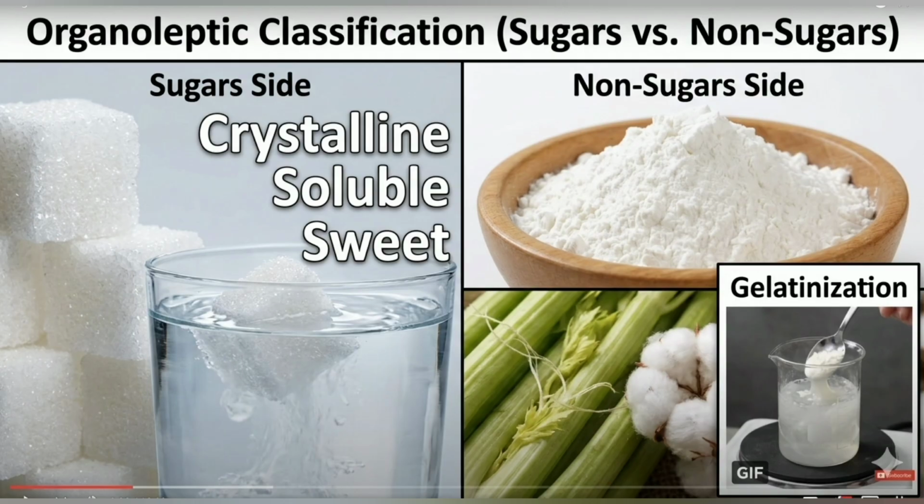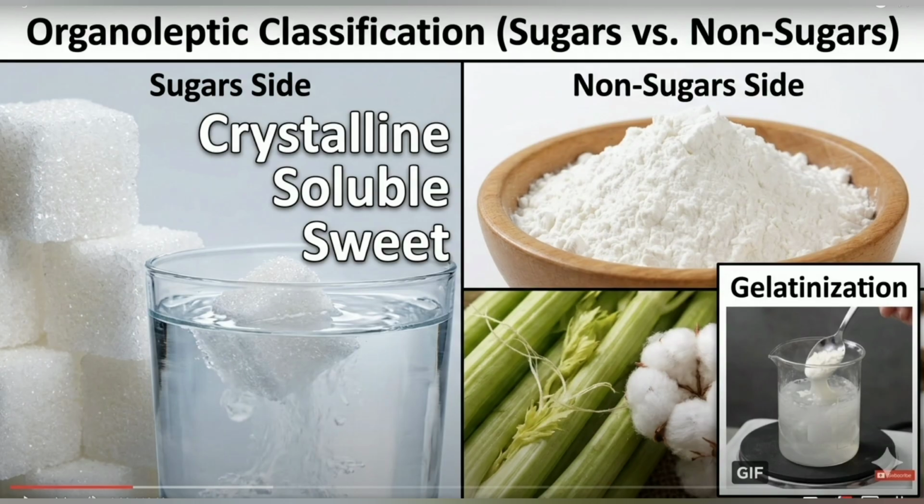On the other hand, the non-sugars, or complex sugars or polysaccharides, have an amorphous powdery texture, as seen in starch, as well as a fibrous texture, as seen in cellulose. They do not dissolve well in cold water, nor in hot water.